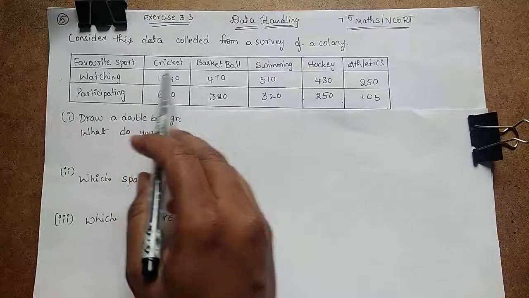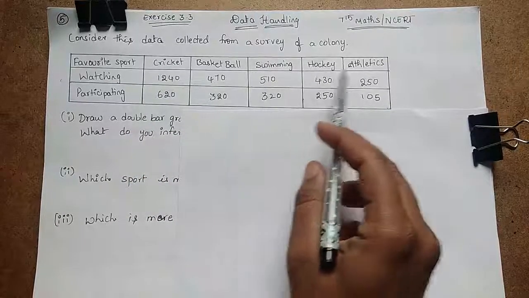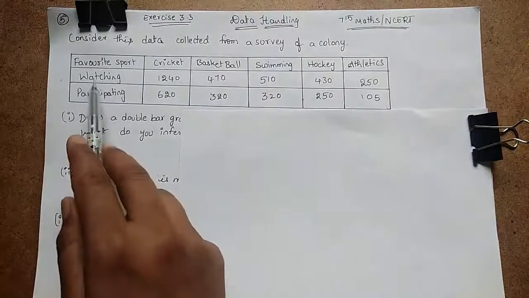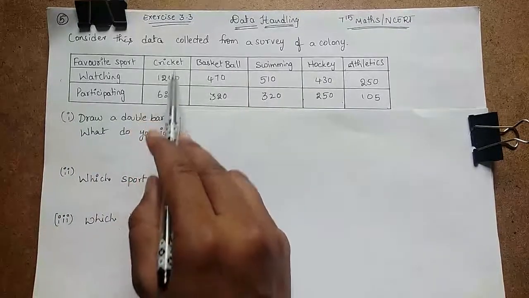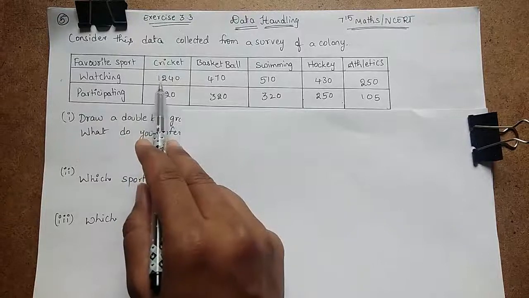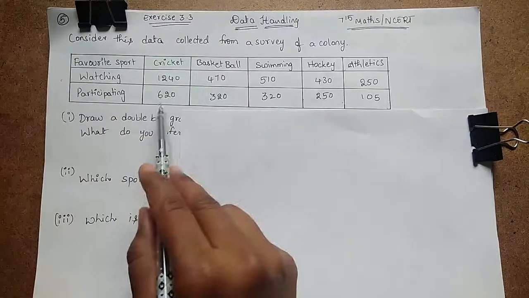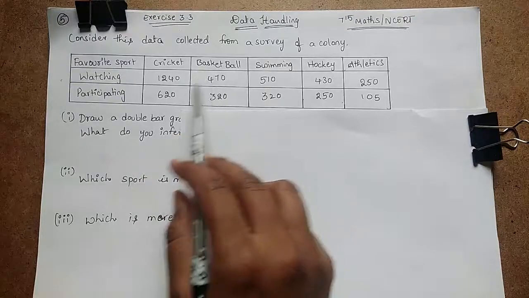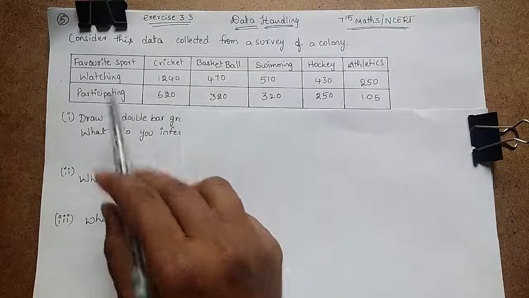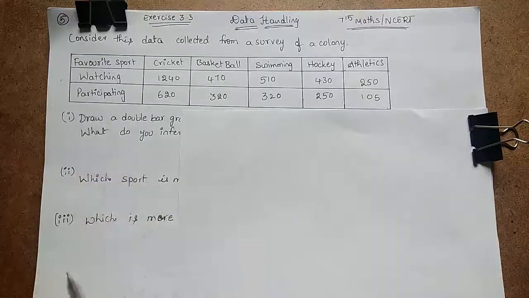So see here: cricket, basketball, swimming, hockey and athletics, with watching and participating members. For cricket, 1240 are watching and 620 members are participating. For basketball, 470 members are watching, 320 are participating.